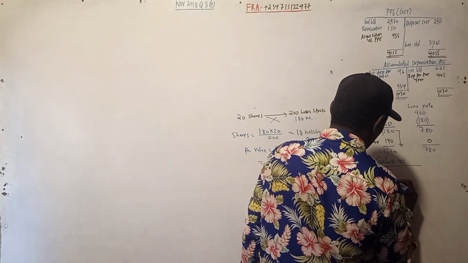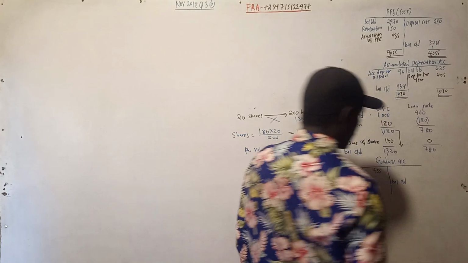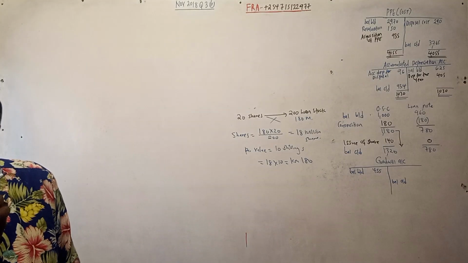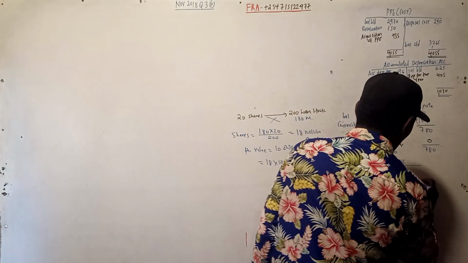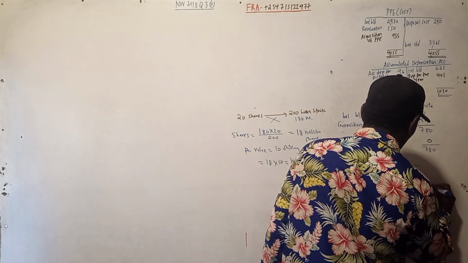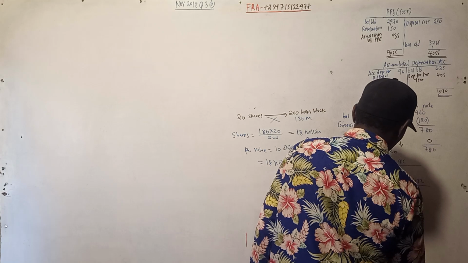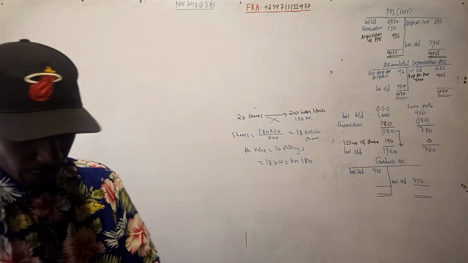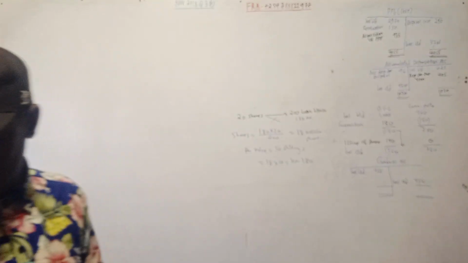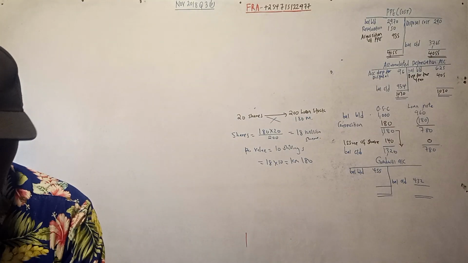Then you have the balance carried down. The balance at the end is 432. Then you can balance the account. There is no other item affecting this account.